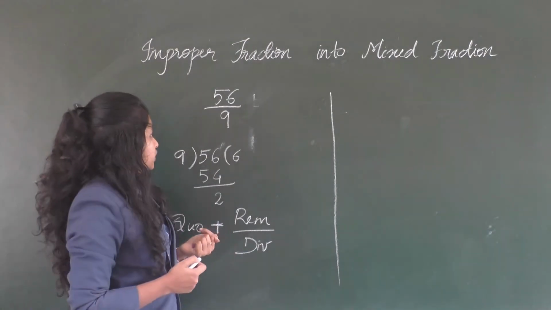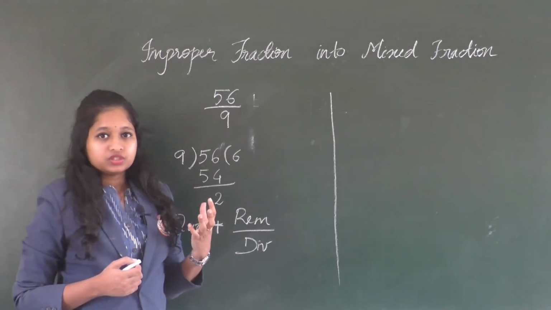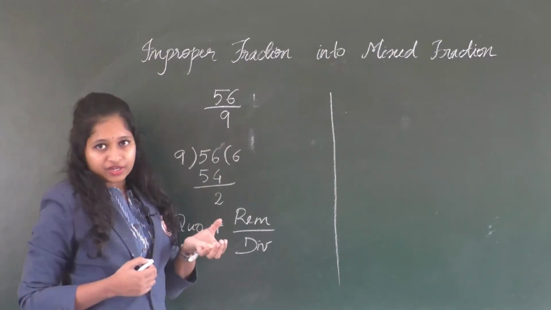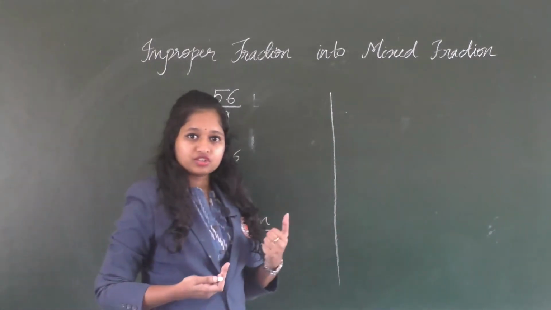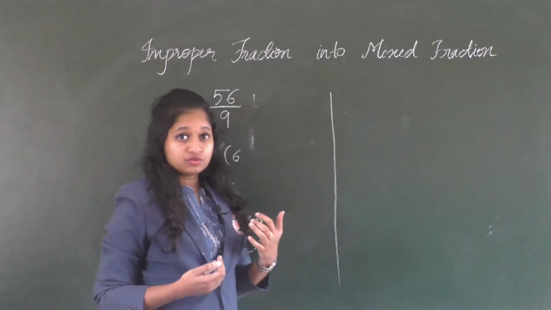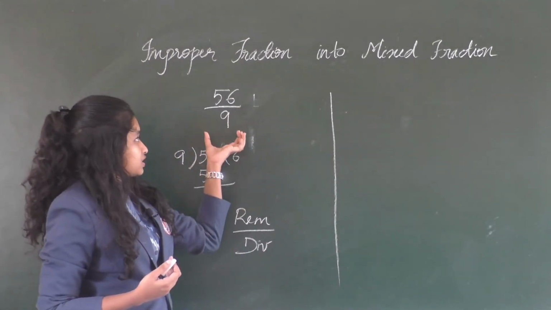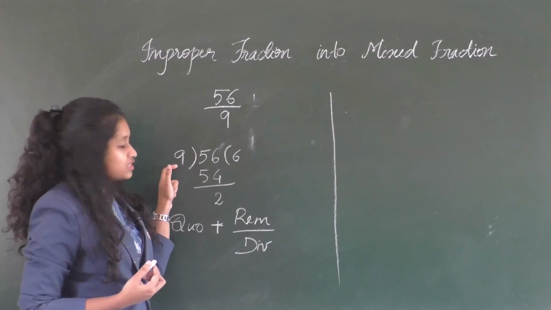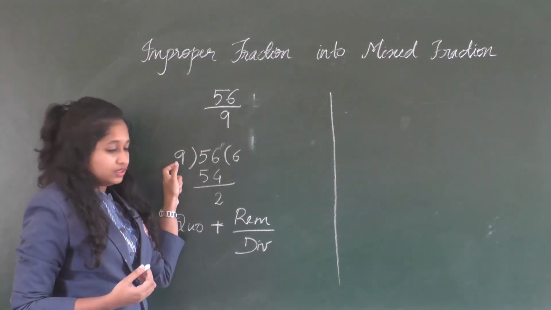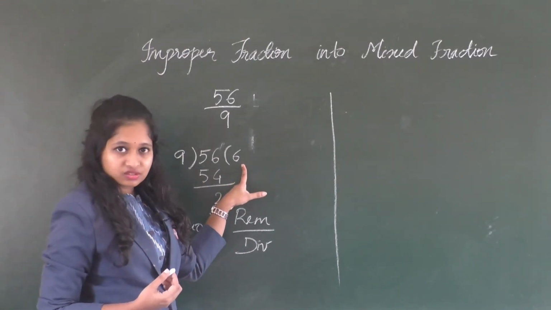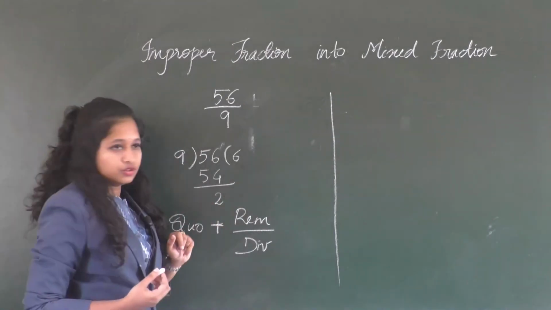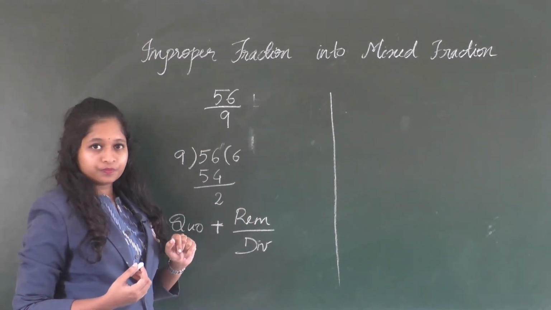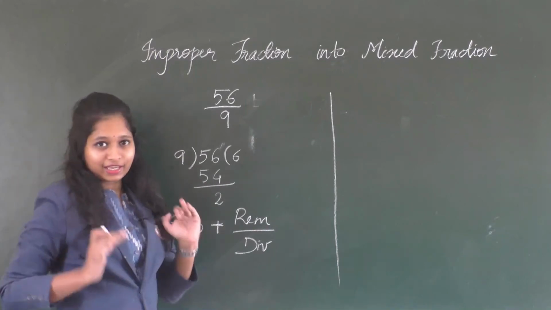Okay. So how to convert this improper fraction into a mixed fraction? We have to divide 56 by 9. So when you divide 56 by 9, we get the quotient as 6 and the remainder as 2. Okay. Now listen carefully.